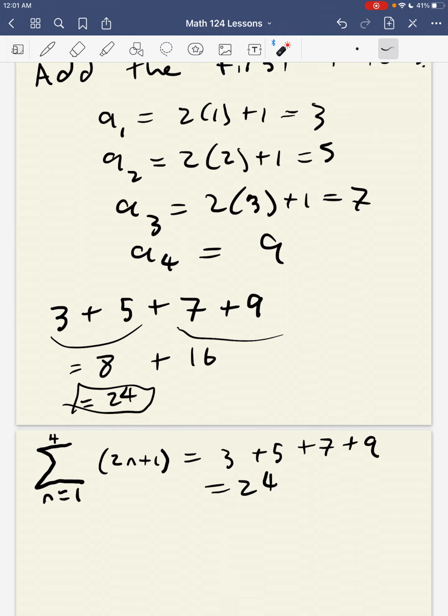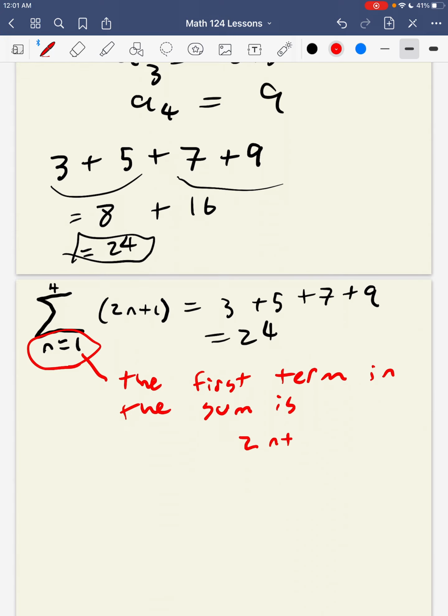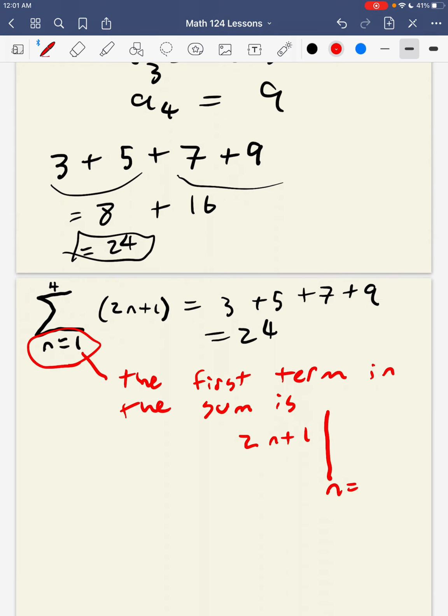So to repeat myself, this n equals 1 on the bottom of this capital sigma means that the first term in the sum is 2n plus 1 evaluated at n equals 1.